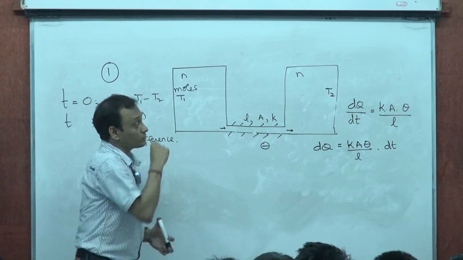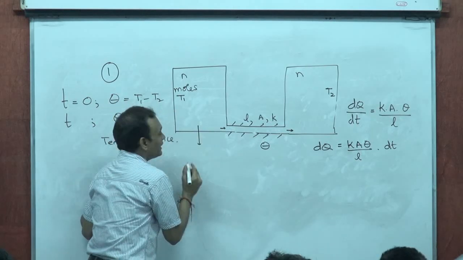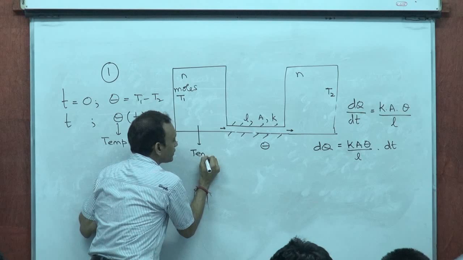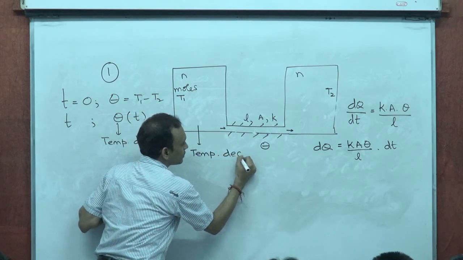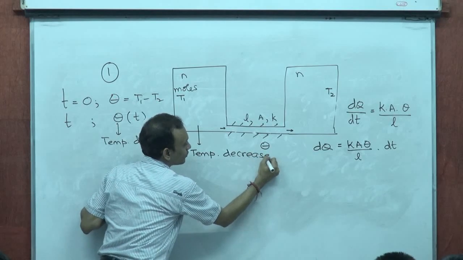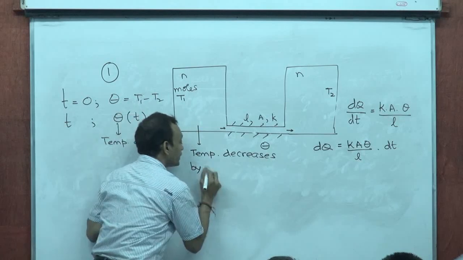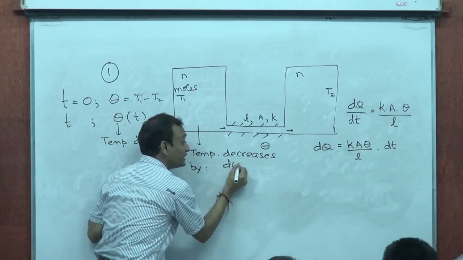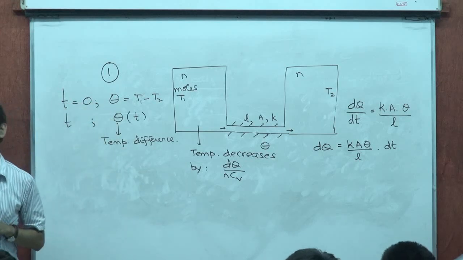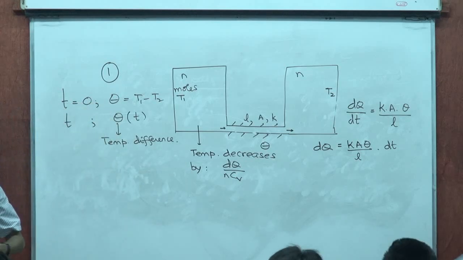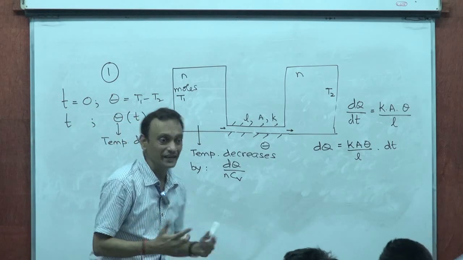Which means the temperature of this in a small time dt decreases by an amount, see, it's losing an amount dQ, right? Decreases by what amount? dQ divided by nCv. Because the heat is at the expense of internal energy.